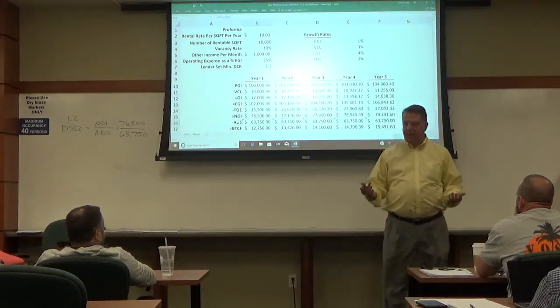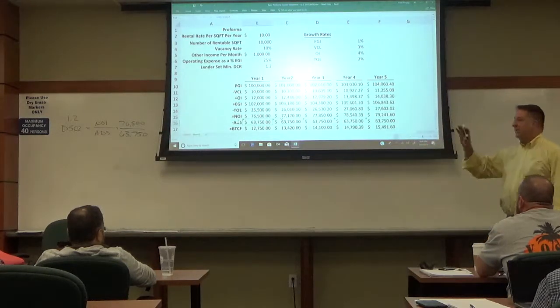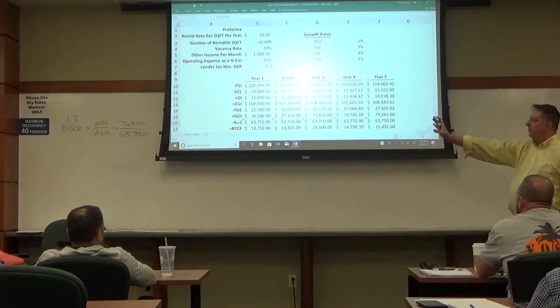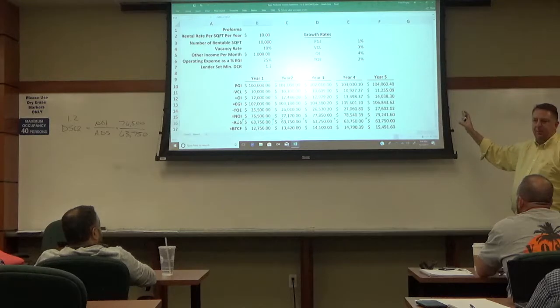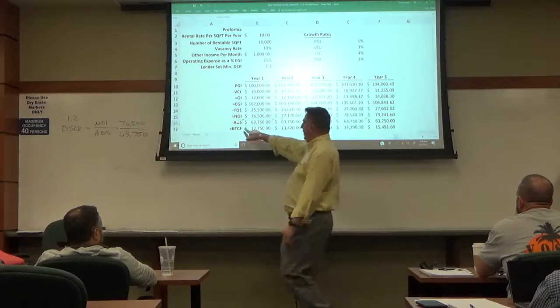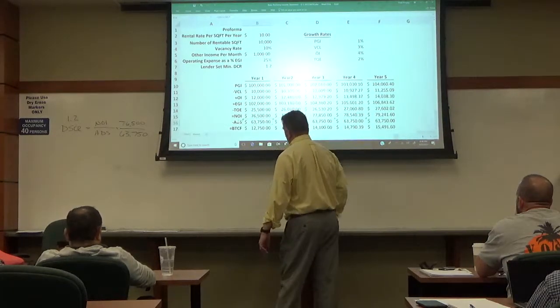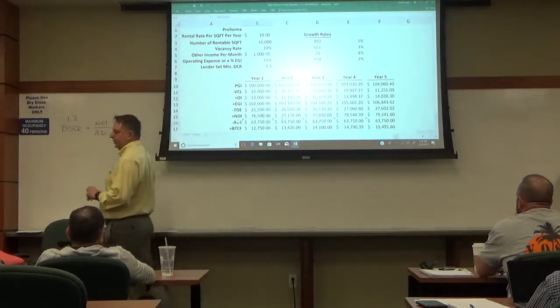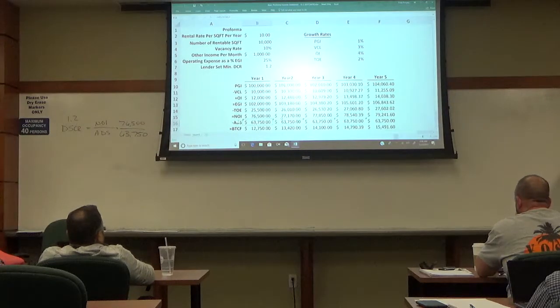In other words, we're not changing it, okay? Because we're basing it strictly on the first year's net operating income, not the subsequent years. Make sense? Okay. And then that simply tells us what our before tax cash flow is going to be from one year to the next. Any questions on this little model?